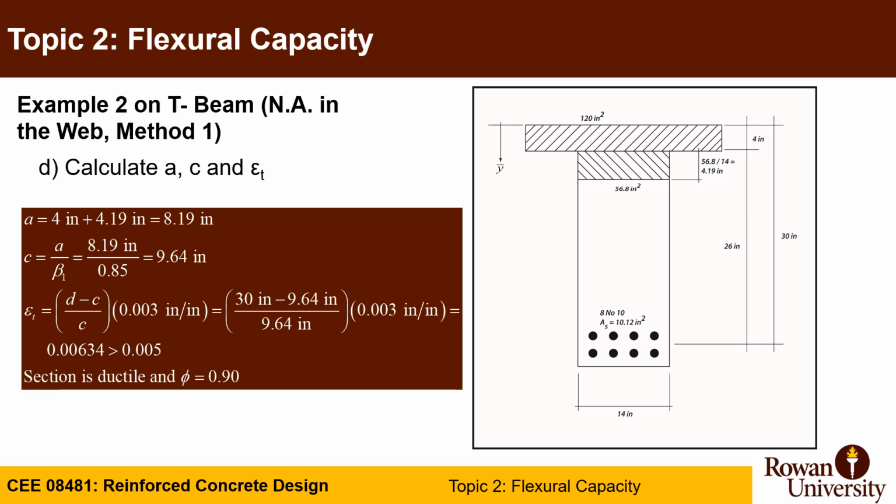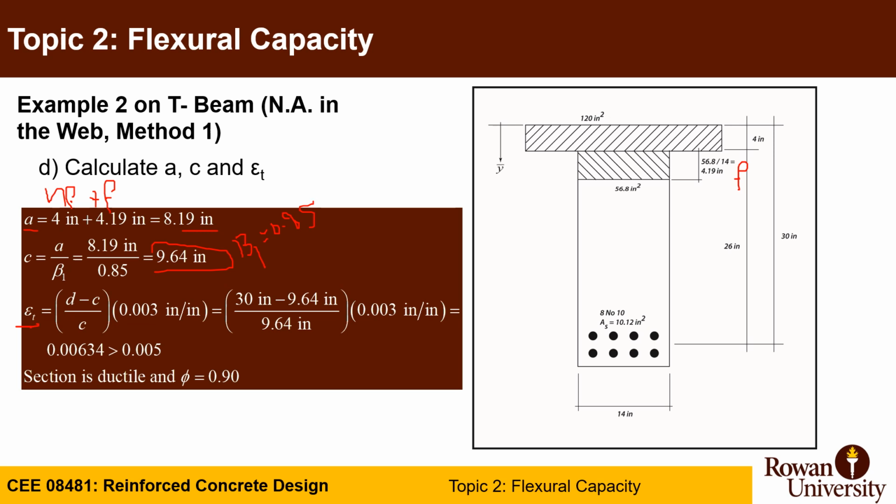Now we can calculate A, as we mentioned before, it's HF plus F value, assuming this is the F value here. It's 8.19. You know, beta 1 is 0.85 because F prime C is 4 ksi. So C will be 9.65.